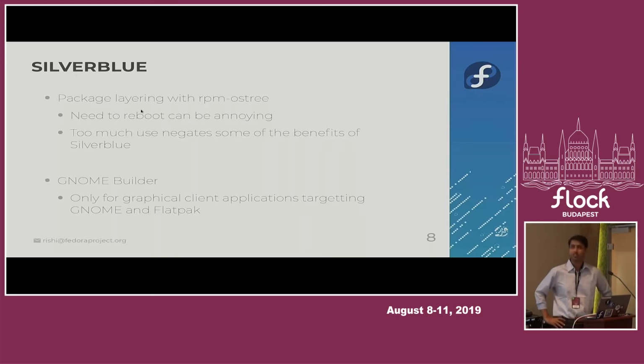This RPM OS tree tool that I was playing with actually lets you install random RPM packages, so you could do RPM OS tree install GCC. But the problem is that you would have to reboot to get GCC. The reason that you need to reboot is actually sound by design. It's the thing that makes Silverblue so robust. But in this case, it can get annoying.